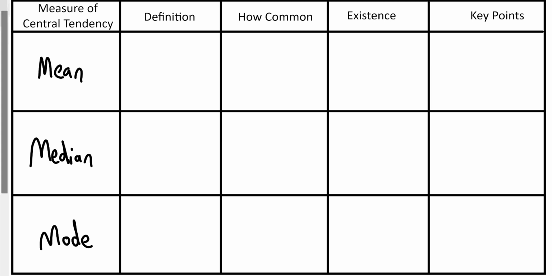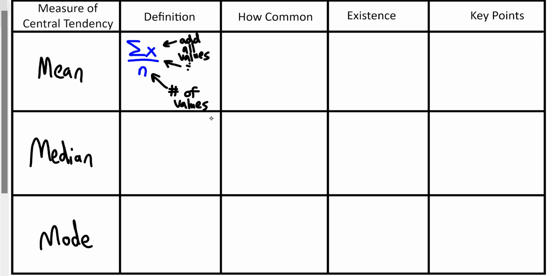The mean is actually the most common one that we're going to use. I'm going to give you a little formula. It looks like this. And what that means is, that is the summation sign. So we're going to add up all the values and divide them by the total number of values, how many there are.